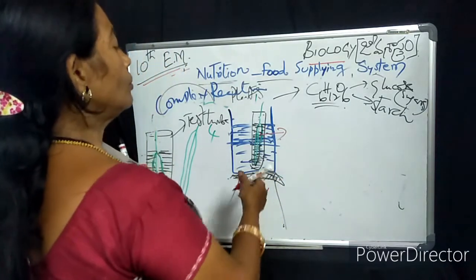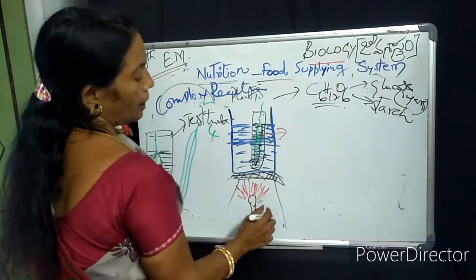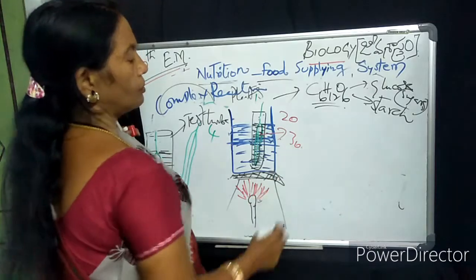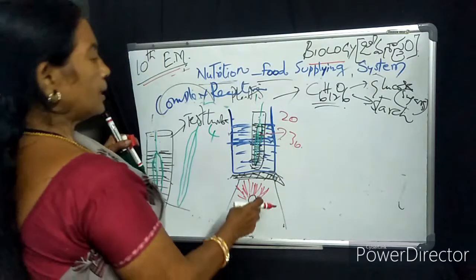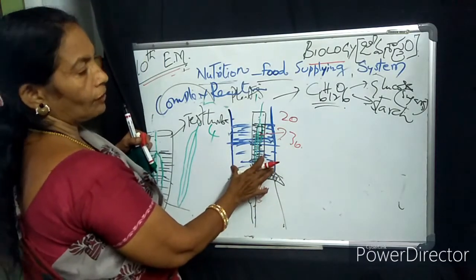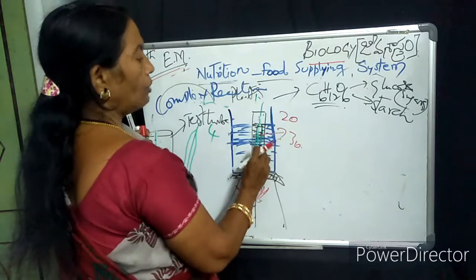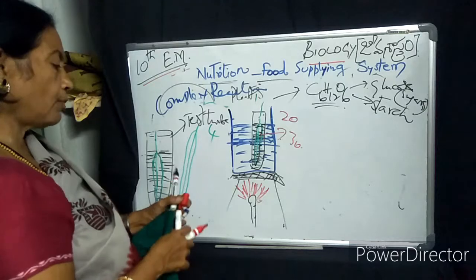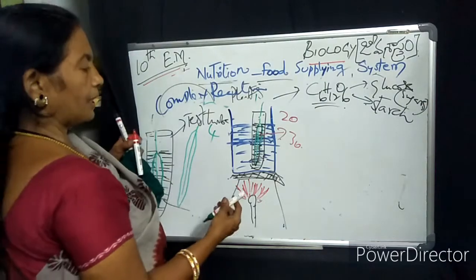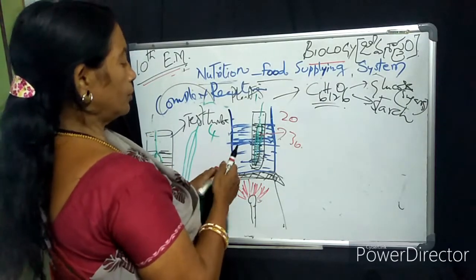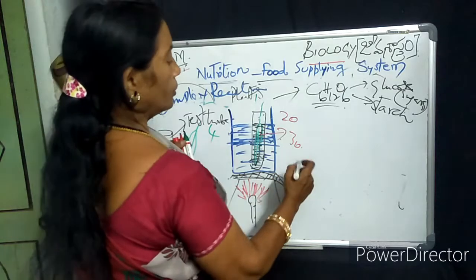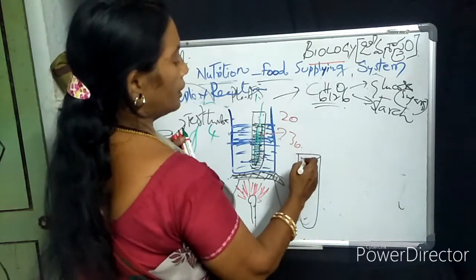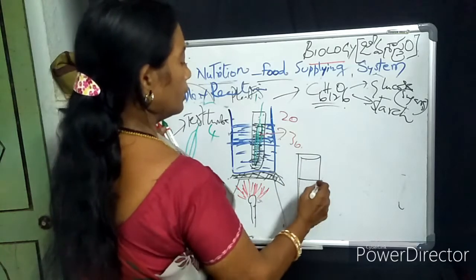Then we have to take it off. After boiling the water for 15 to 20 minutes, we have to slowly take the test tube out of the apparatus.